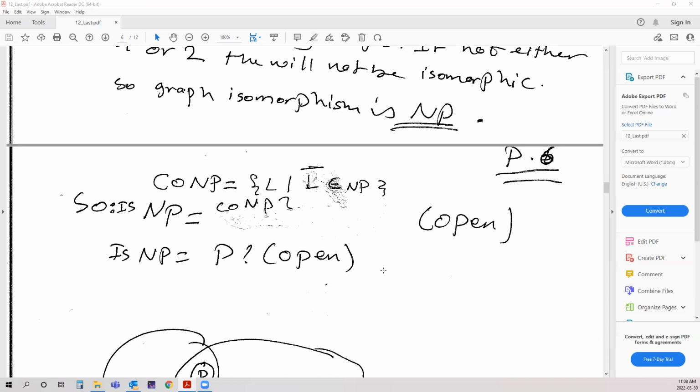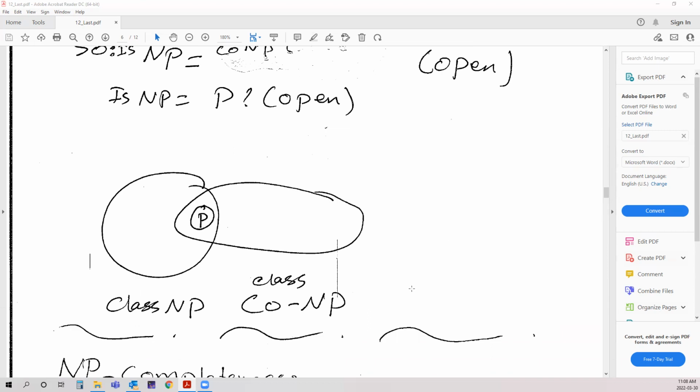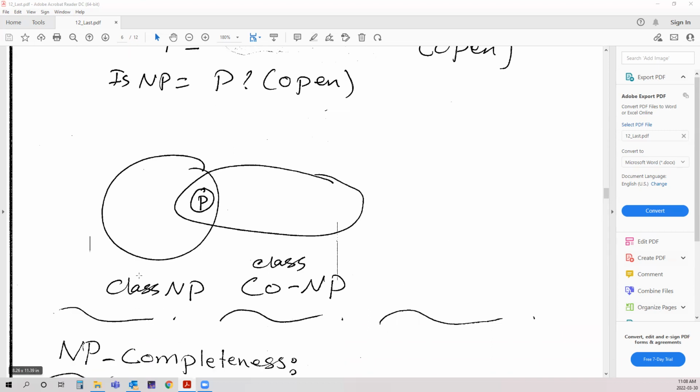Those are also two of the open problems in computer science and mathematics. We don't know. By graph, if we have the class NP and the class complement of NP, some say that P will be at the intersection of those two. Still, we don't know.